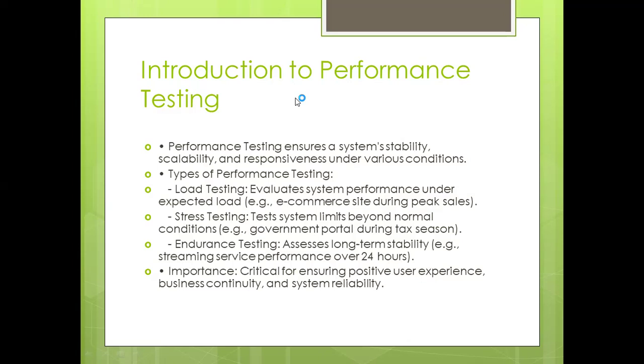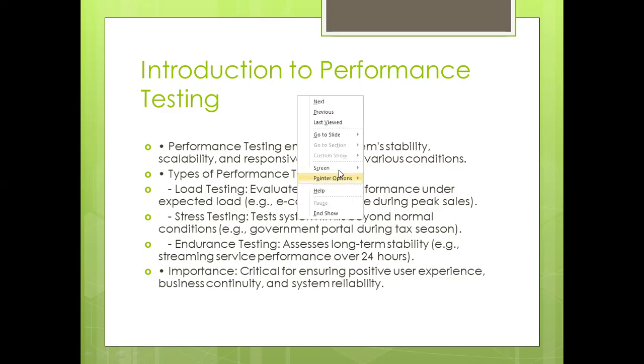In the earlier class, I explained what performance testing is and how it plays a role nowadays. Once again, the various types of testing are load testing, stress testing, endurance testing, volume testing and spike testing.